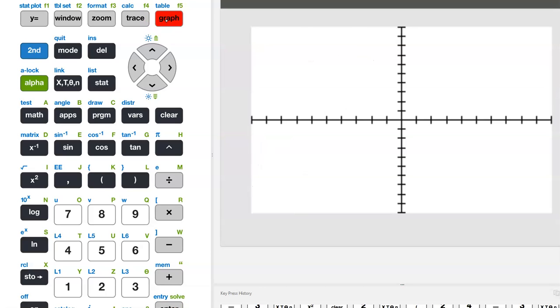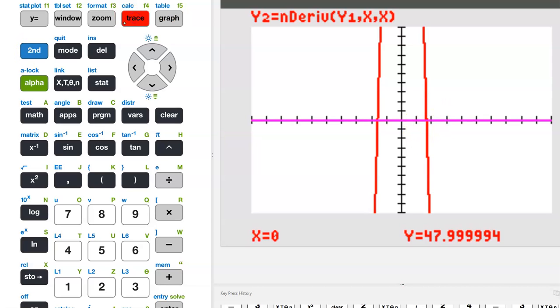Okay, graph it. Find your intersection over here. Just like in the last problem, we don't have to worry about the negative because we have a geometry context.